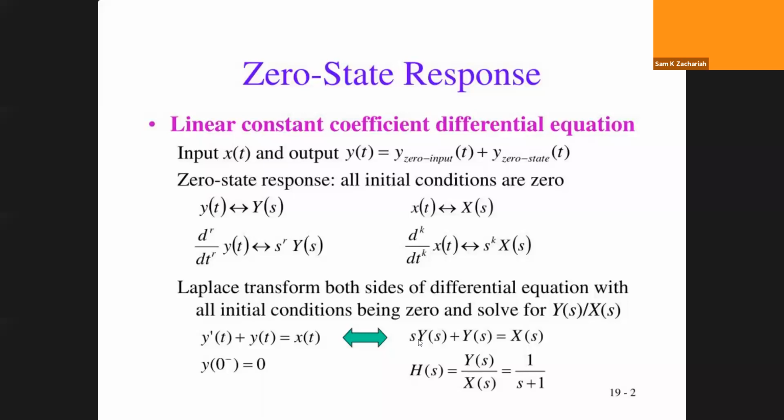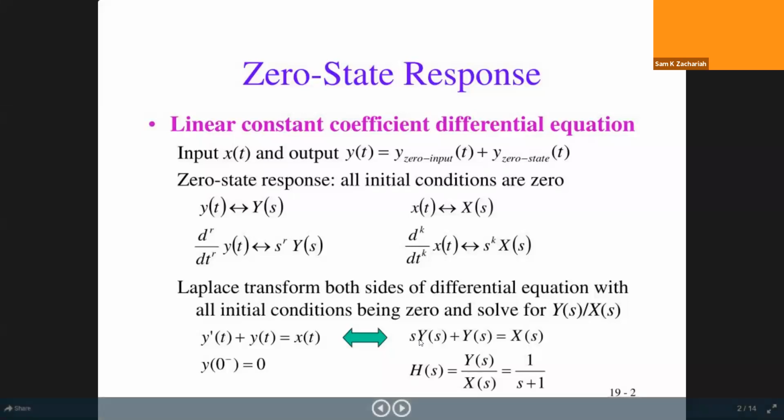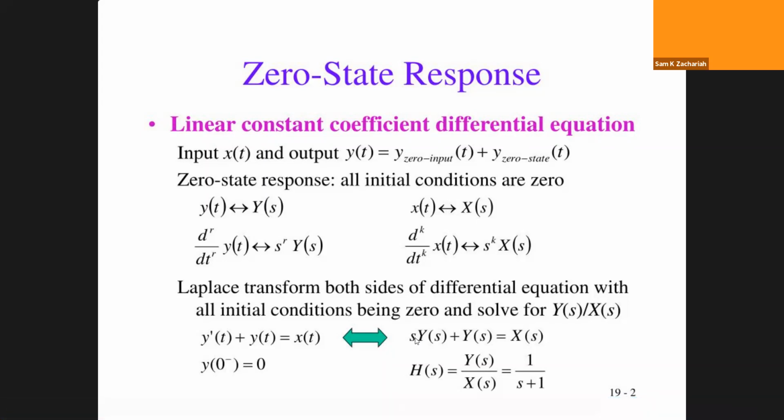Similarly, a mechanical system which can store potential energy or kinetic energy has states corresponding to the current position as well as the current velocity. Because in a spring, potential energy is stored as half kx square, whereas in a mass, the kinetic energy is stored as half mv square.